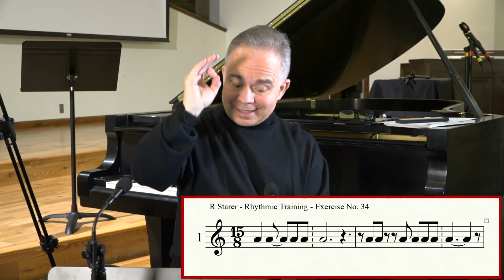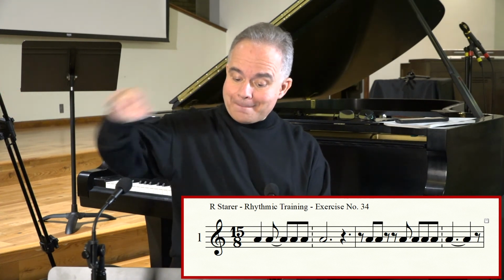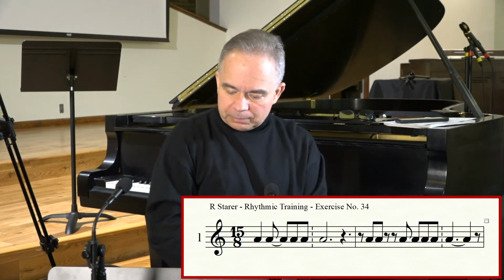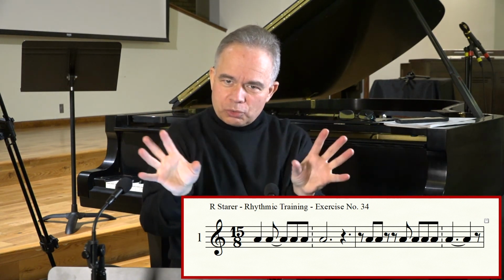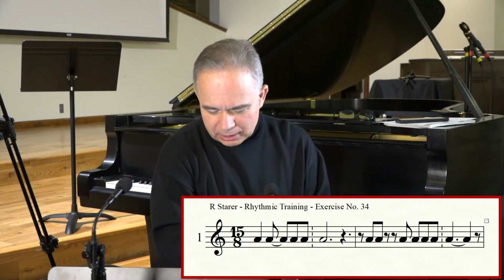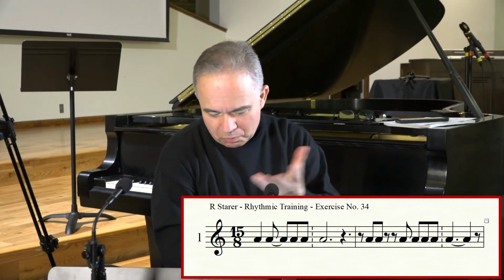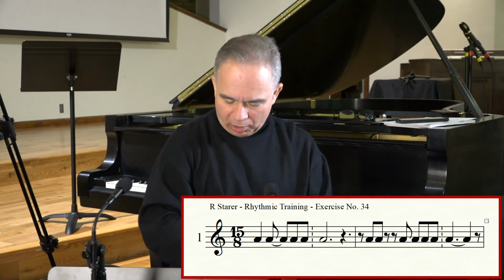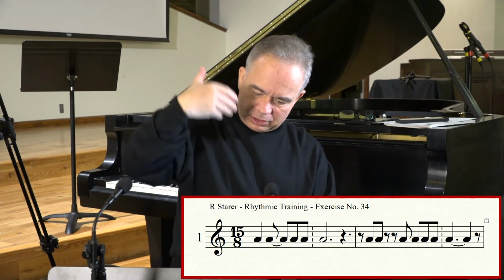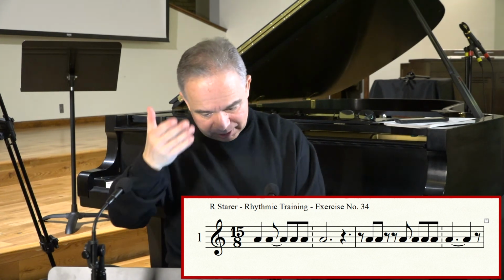Da, da, da, da, da. Okay? So that's how you work this out. Work them out one measure at a time, but each is basically divided into 2 parts: the one that conducts in 2 and the other that conducts in 3.